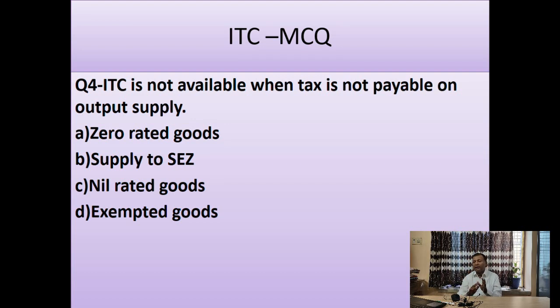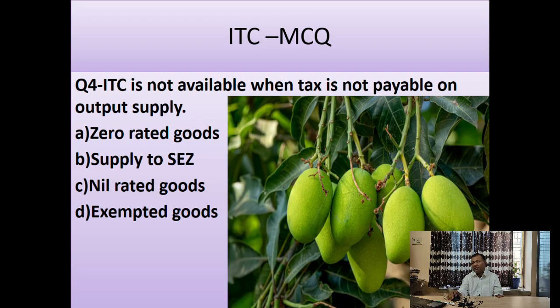ITC is not available especially for exempted goods, because in the case of zero rated goods, in certain cases like supply to SEZ, you can avail ITC. For nil rated and exempted goods, ITC is not available. Therefore, the answer to this question is D.